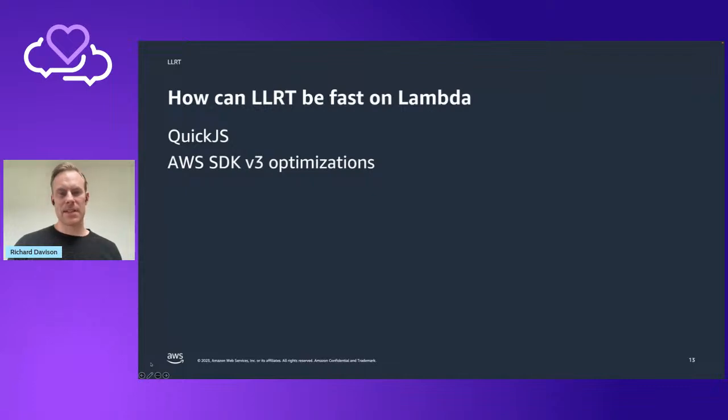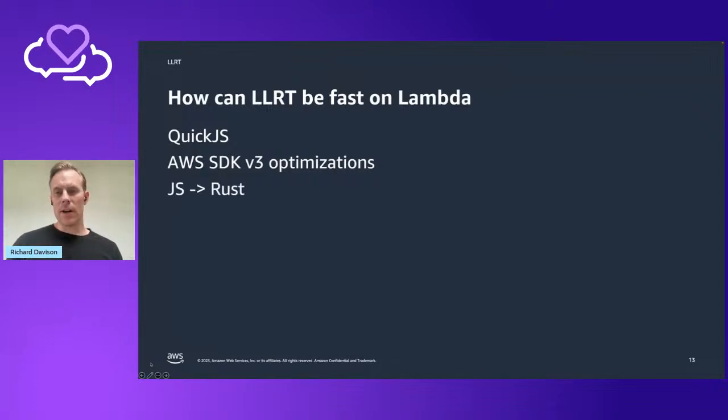Again, the AWS SDK is general purpose. The SDK doesn't know where it's being executed, but now I know, since I'm building the runtime and I'm embedding the SDK, I can do specific optimizations for the SDK that have performance benefits on serverless.